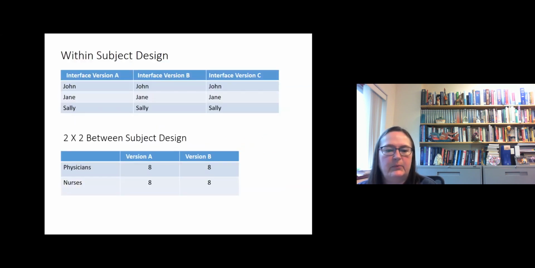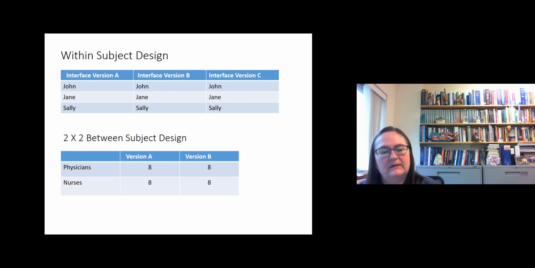This is an example of two different types of study designs. The one up here at the top is an example of a within subject study design, where you have the same individual exposed to different variations of a user interface. Usually with this type of design, you go from what would be commonly seen by an individual through to user interfaces that are perhaps new that you want to try out and to see what response they have.